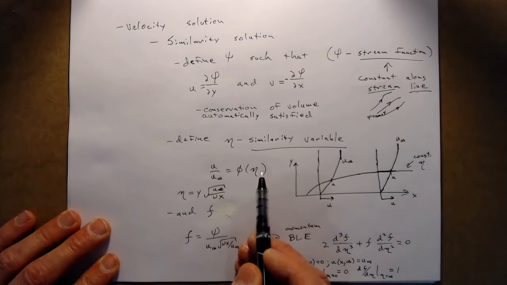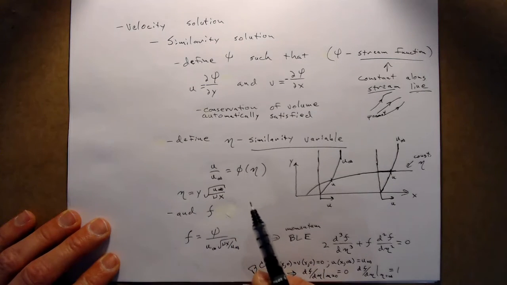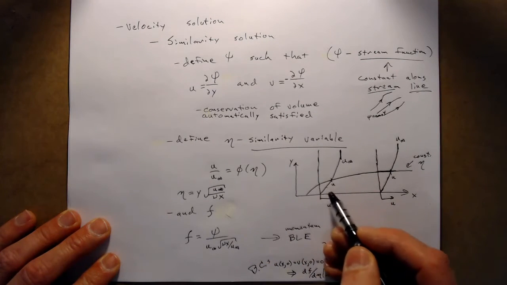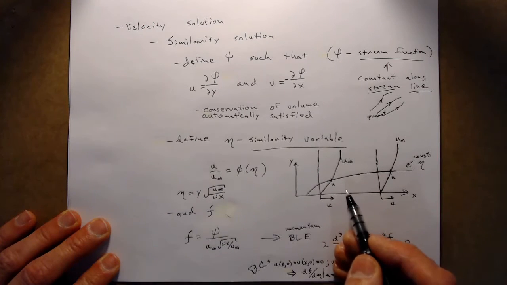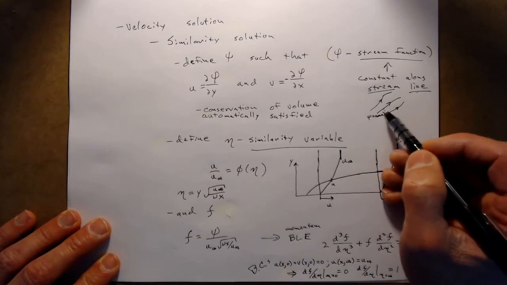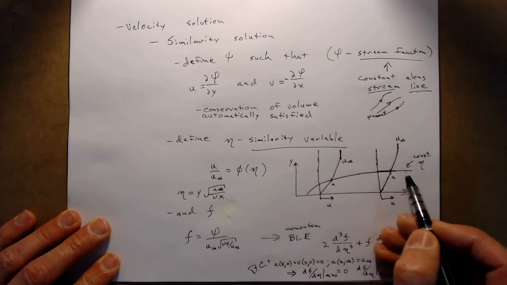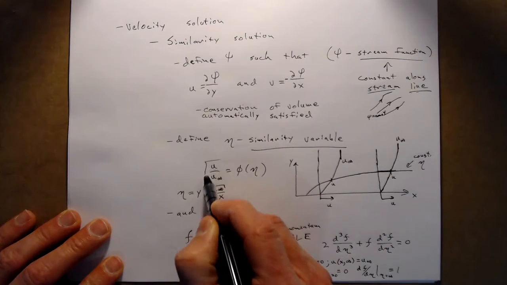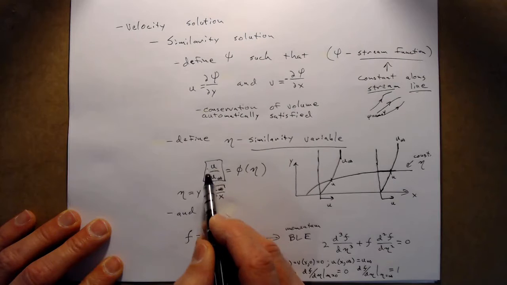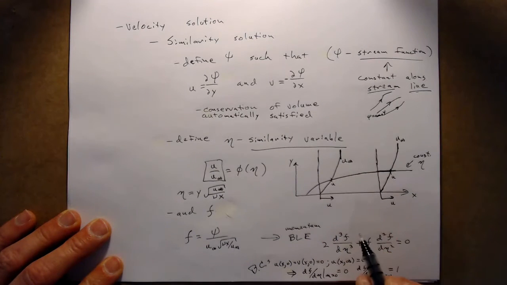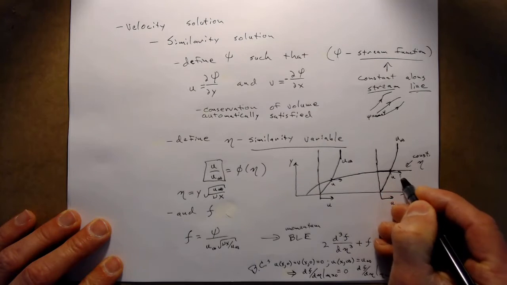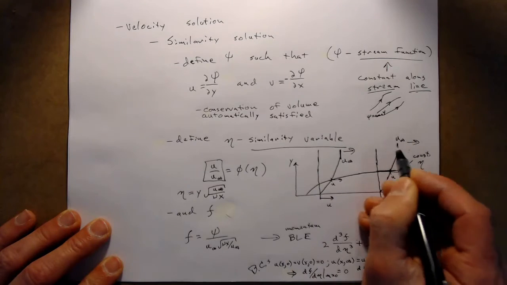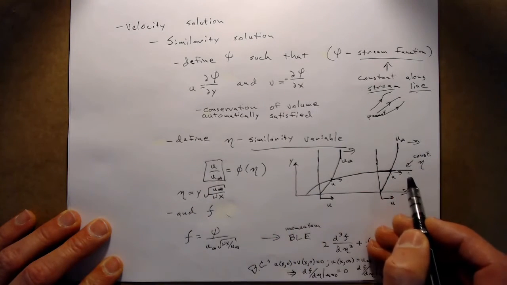And the unique thing about eta is that if I trace a line of constant eta, just like if I traced a line of constant psi, I said that was along the streamline. Well, if I trace a line of constant eta in the boundary layer, I find that it will follow a path where the ratio of u, the x velocity along this path, divided by the x velocity in the free stream, u infinity, is equal to a constant.